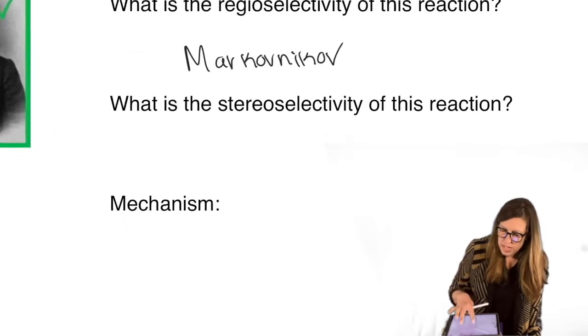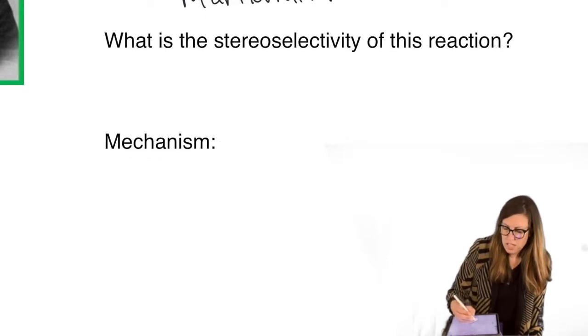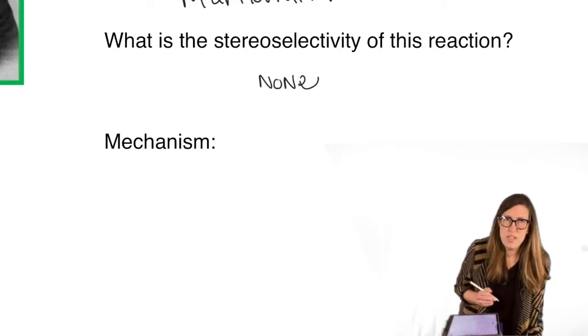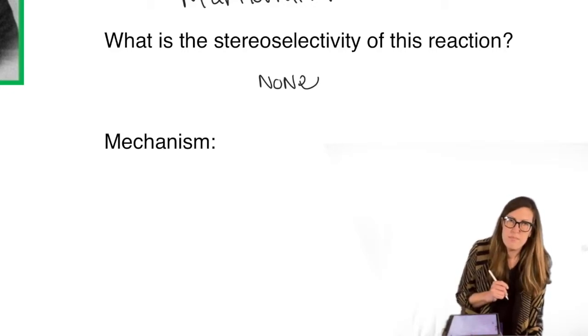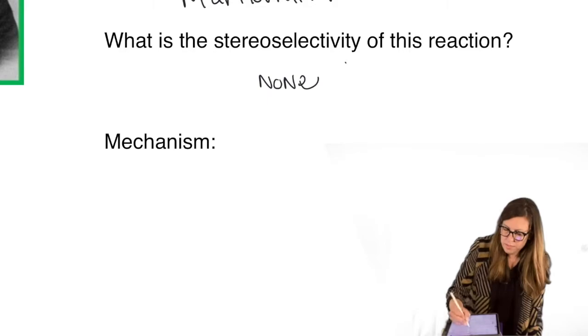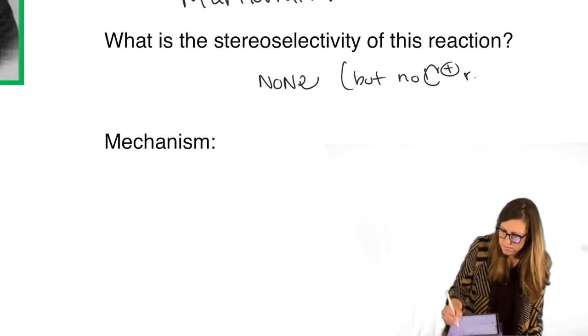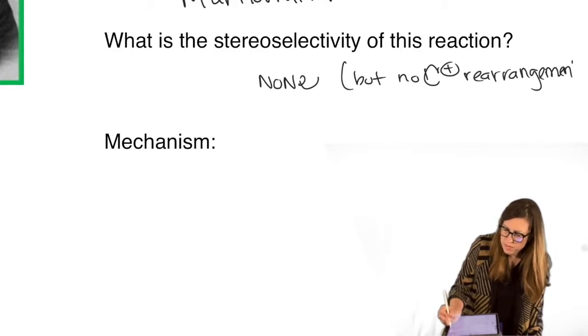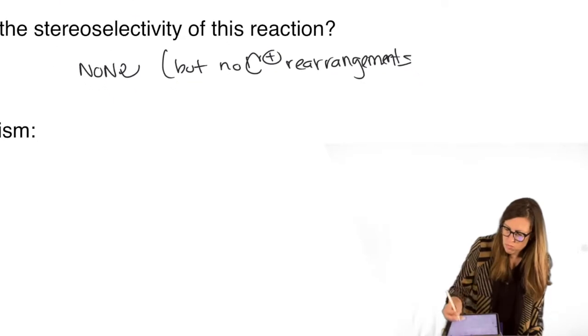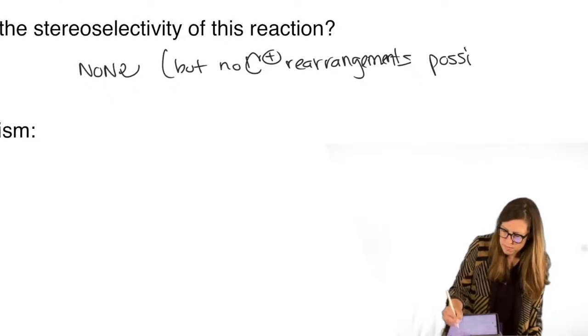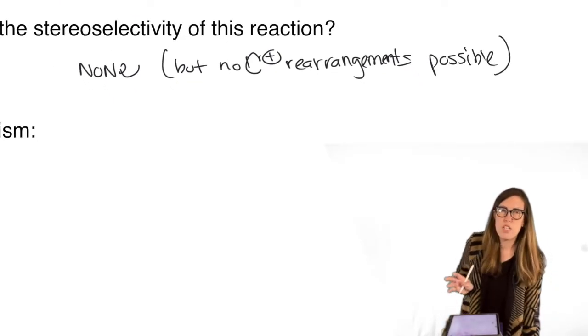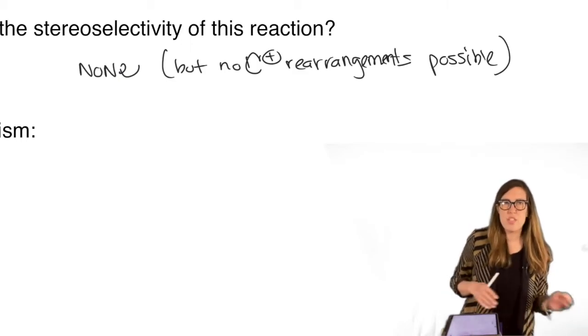And because of the nature of the mechanism, it is not stereoselective, just like the acid-free one. Unlike the acid-catalyzed one, there are no rearrangements. No rearrangements possible. That's the benefit. Because we don't form our usual carbocation that can just rearrange.